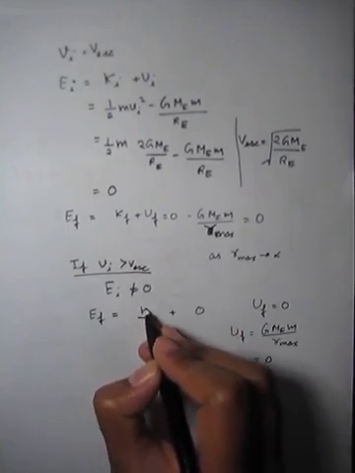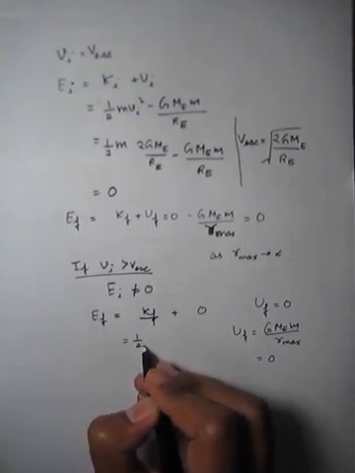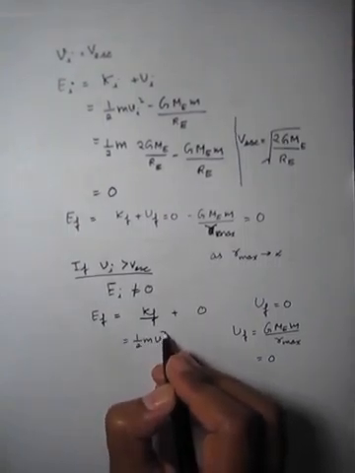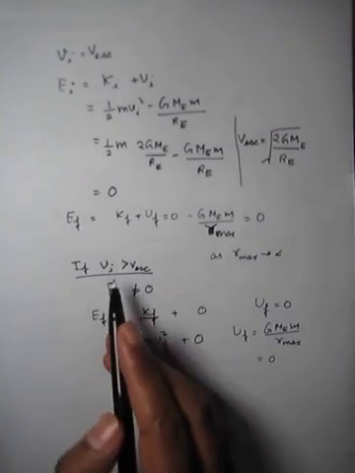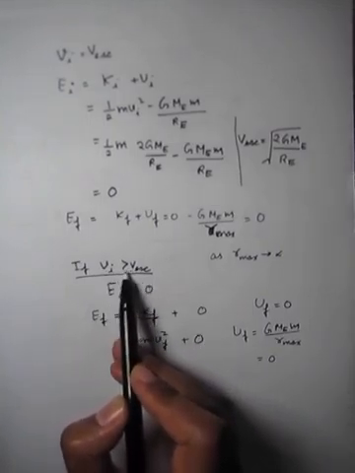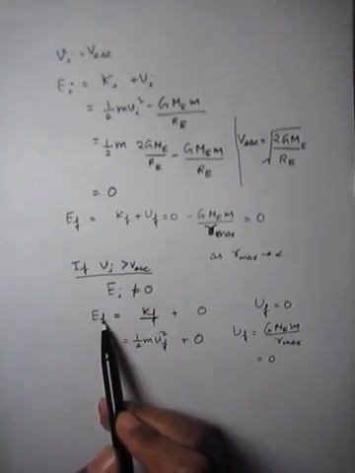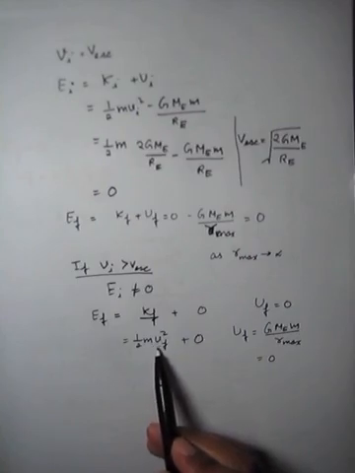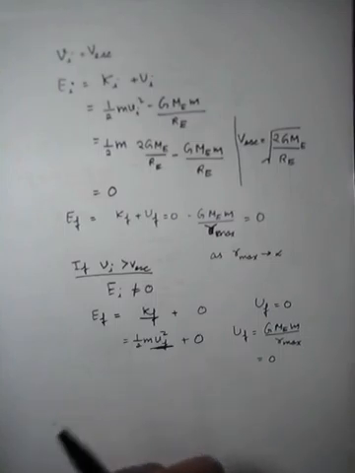So it means it will have some kinetic energy which will not be equal to 0. So it will be 1/2 m v_f squared plus 0. So it means that if the velocity is greater than the escape velocity, the object will escape the surface of Earth, and it will be moving with some velocity at infinite distance. It will not come to rest, but it will be moving with some velocity.